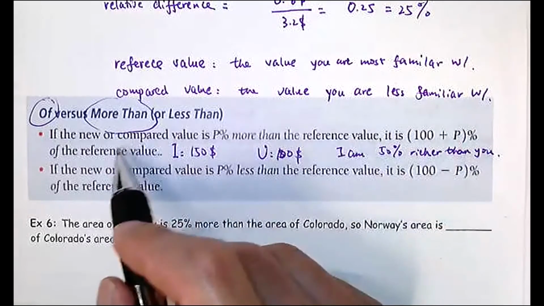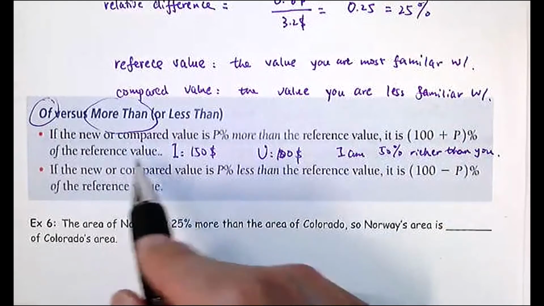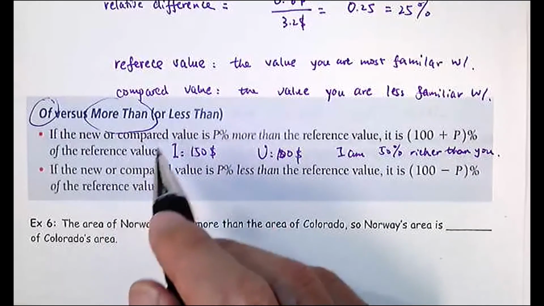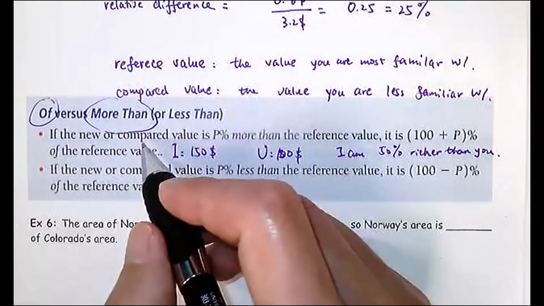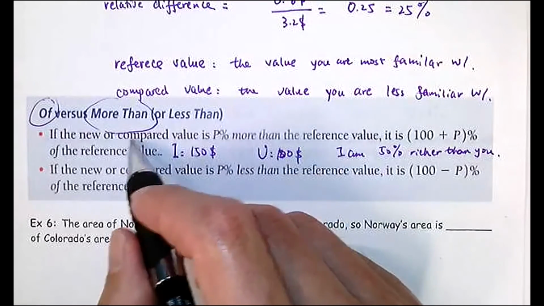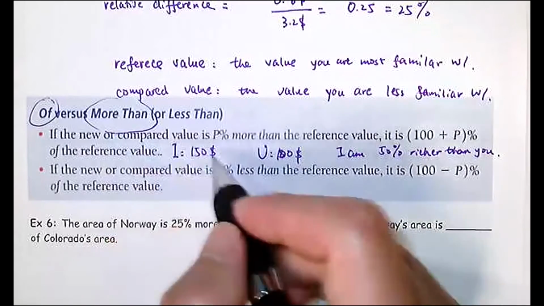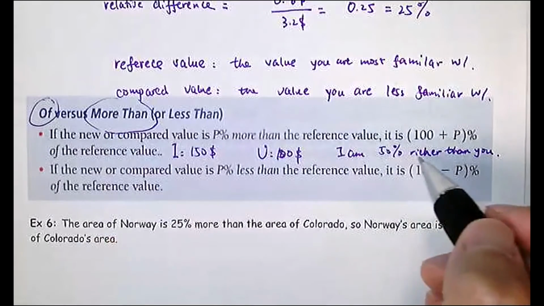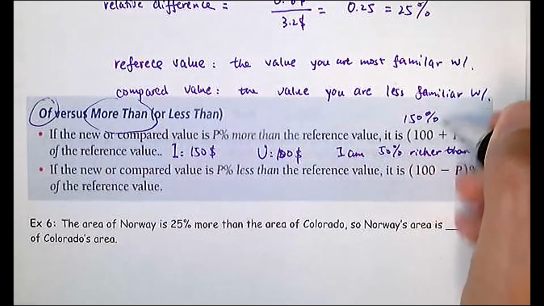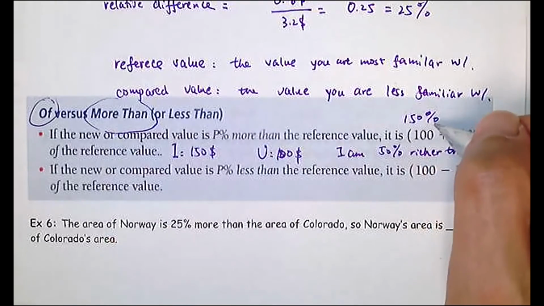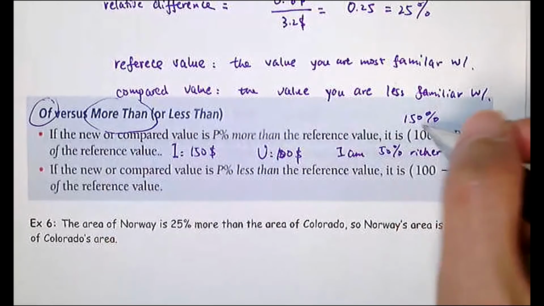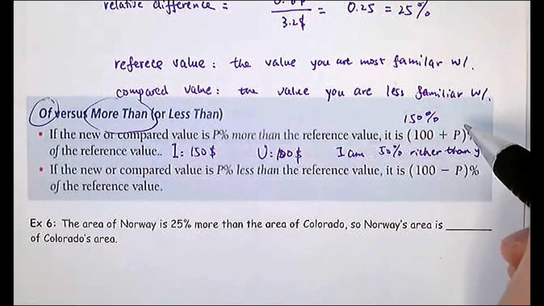You are the reference value. Oh, sorry, I should not say you are not familiar with yourself. Let's just choose you to be the reference value. So I am 50% richer than you, or I'm 150% of you. Okay, so this is the context. Anyone have any question about understanding of this sentence?